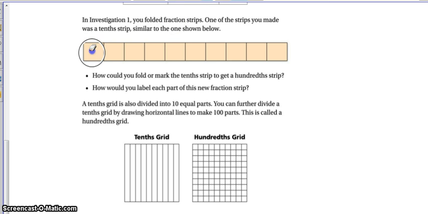But you'd be taking this part right here and cutting it into 10 pieces, because 10 times 10 would be 100. So therefore, if we had 10 tenths, we would have 100ths. Okay, so the next thing would be, how would we label each part of this new fraction strip, which if we divided these into 10 equal pieces, each part would be a 100th.